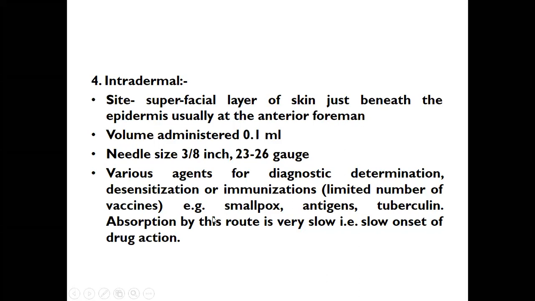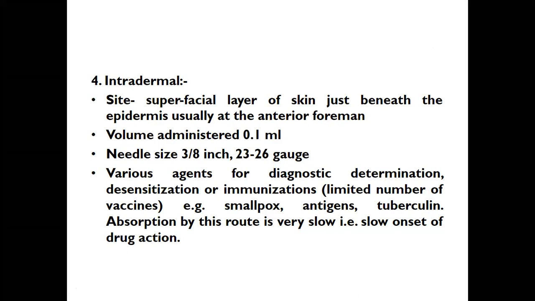Intradermal route of administration. Site is superficial layer of skin just beneath the epidermis, usually at the anterior forearm. Volume administered is 0.1 ml. Needle size is 3/8 inch or 23 to 26 gauge. Various agents for diagnostic determination or desensitization or immunization are administered through intradermal route.